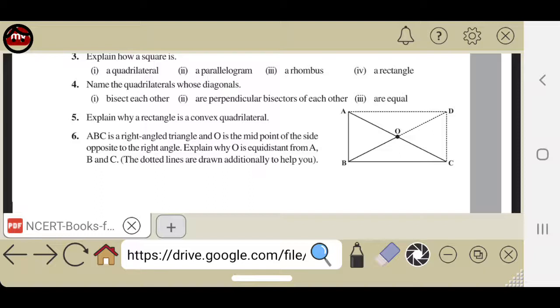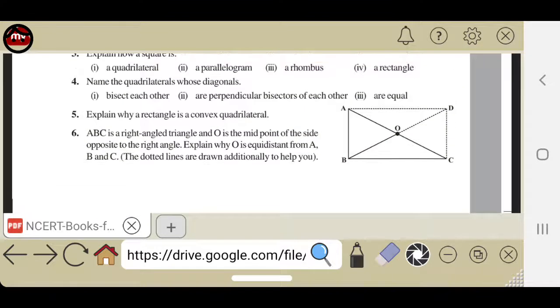O is the midpoint, so AO equals OC. In the same way BO equals OD. So opposite sides are parallel and diagonals bisect each other.